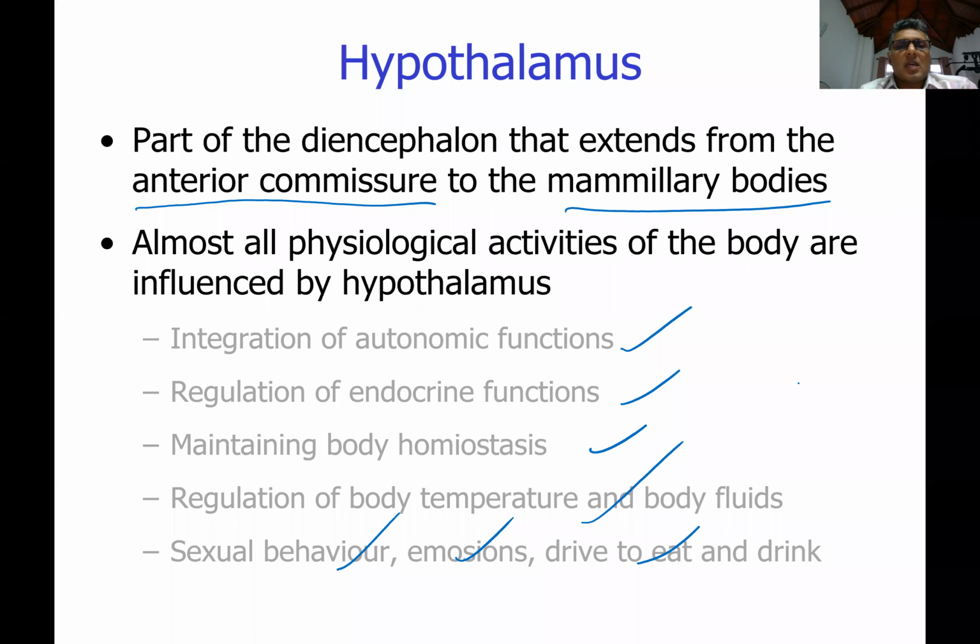Because these functions are common to humans as well as even lower animals, when it comes to hypothalamic functions, it can go from a very high level like humans down to low level animals.